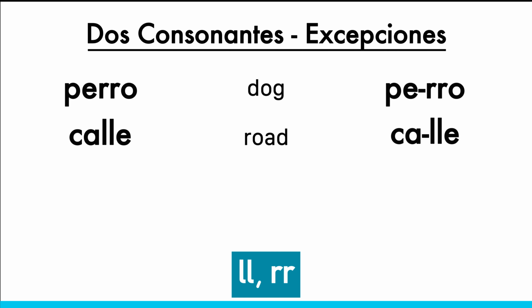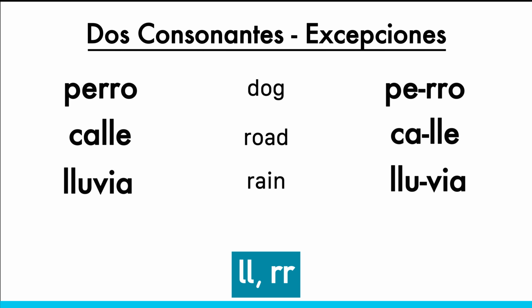Calle. The two L's are going to stay together. Lluvia. We also see the weak vowel I and the strong vowel A stay together in the second syllable. Torre. So again, here the two R's stay together.